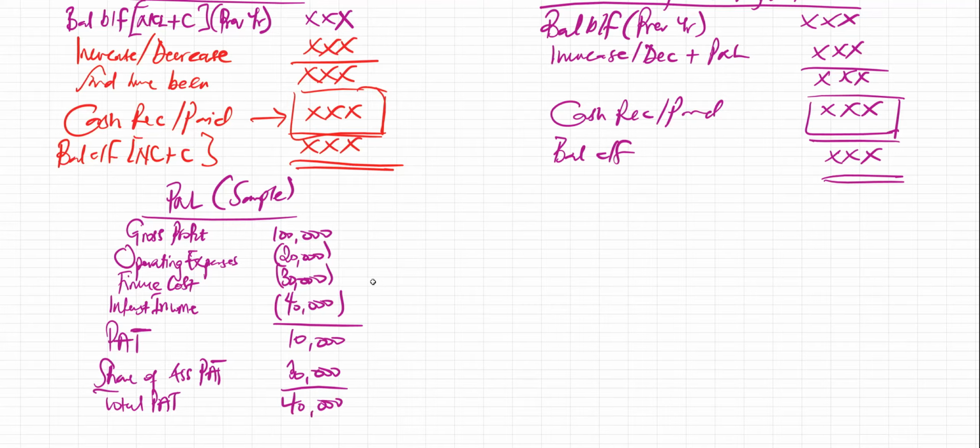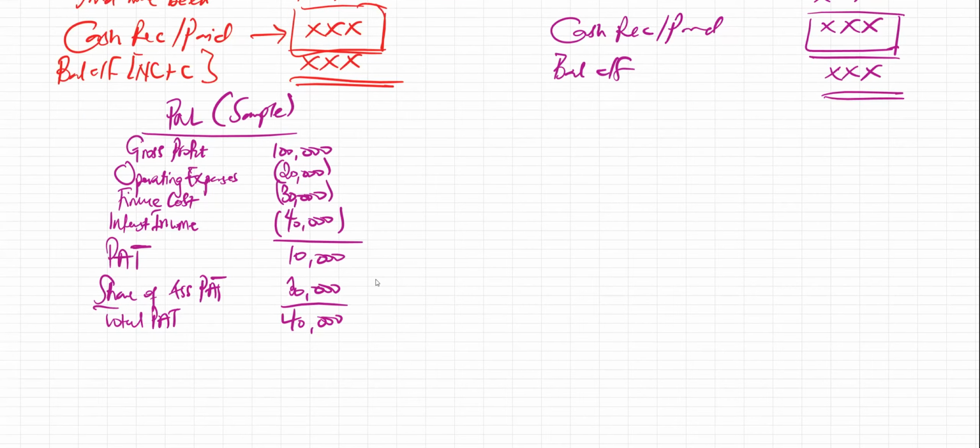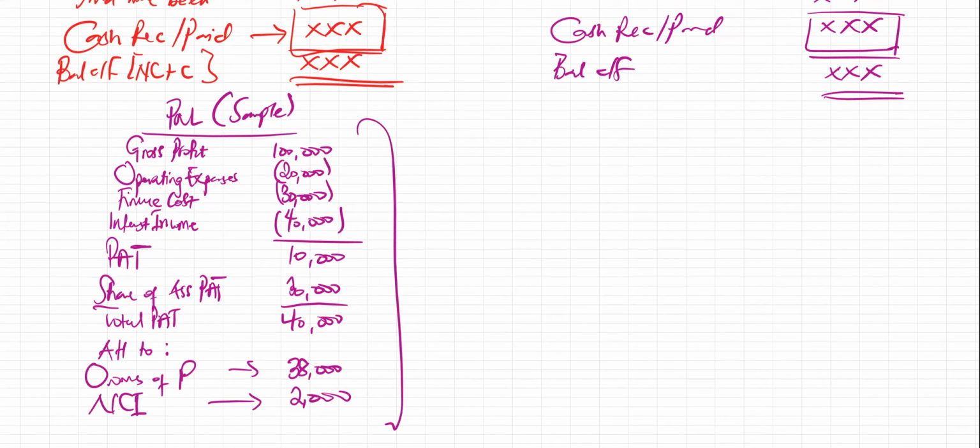Okay, with this being said, we have attributable to owners of the parent, 38,000, and then NCI, 2,000. Okay, so there's a sample P&L.